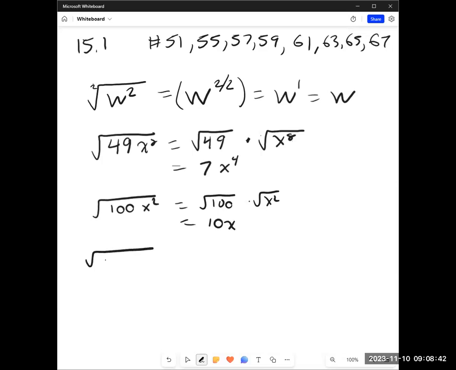The square root of a to the 12th, b to the 2nd. It's going to be the square root of a to the 12th times the square root of b to the 2nd. 12 divided by 2 is 6. 2 divided by 2 is 1.